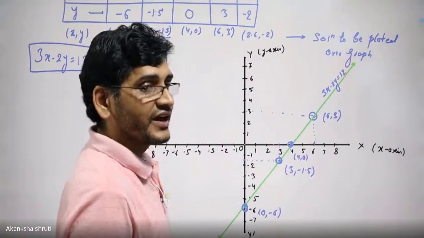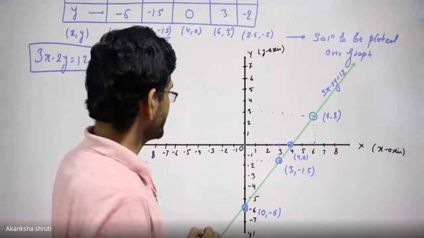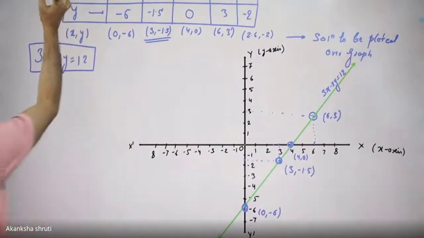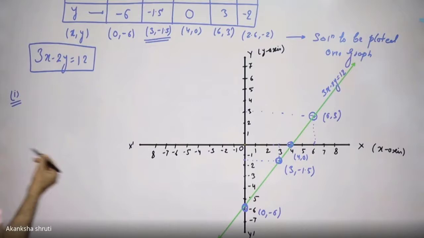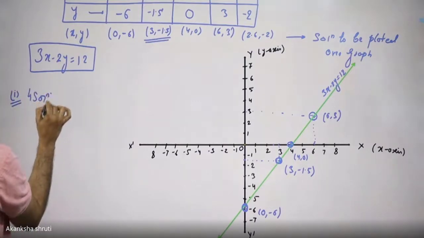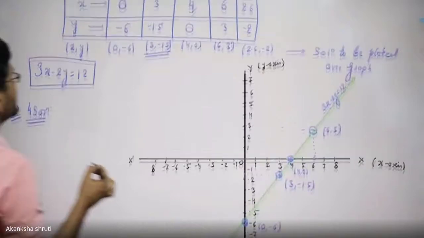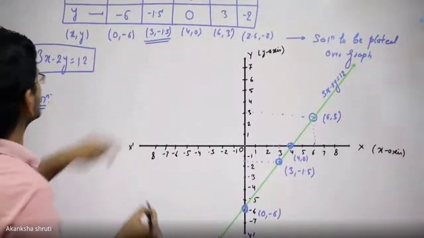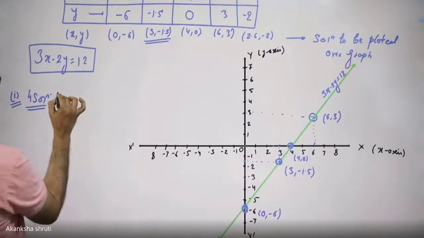Students, the first one is to write down 4 solutions. So let us answer part-wise. Whatever solutions we calculated algebraically, we just have to write them down, because these are the solutions. So what are the 4 solutions?